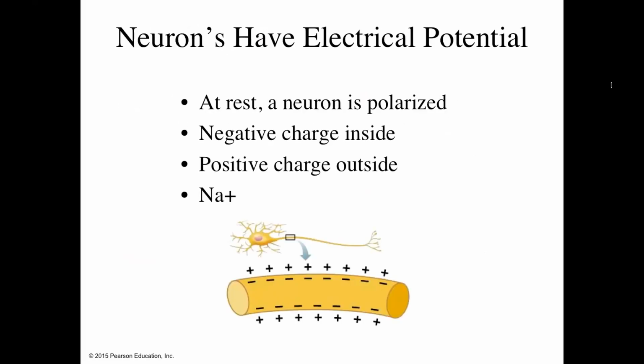Okay. So neurons, like muscles, have an electrical potential. At rest, the neuron is polarized. It means there's a difference between what the inside is like versus the outside in terms of charge. And again, charge here, we're talking about ions, things like sodium and potassium, not as much chloride and calcium for the neuron. We're mainly talking about sodium and potassium.